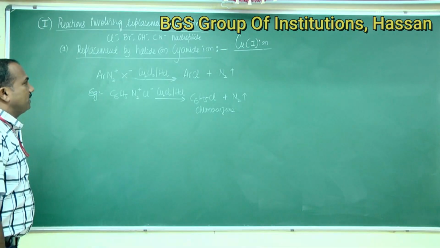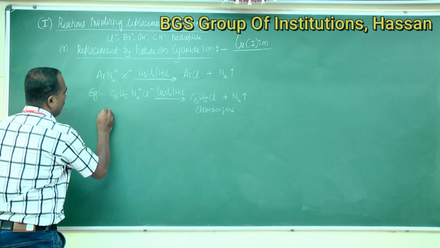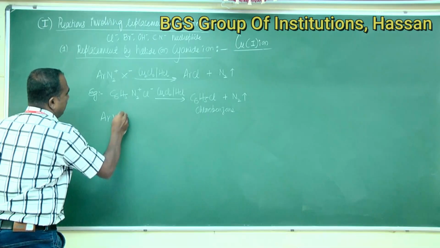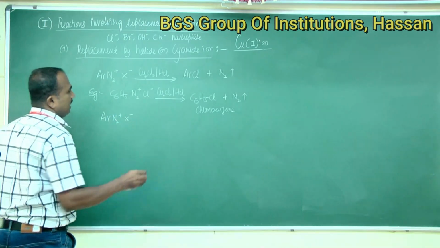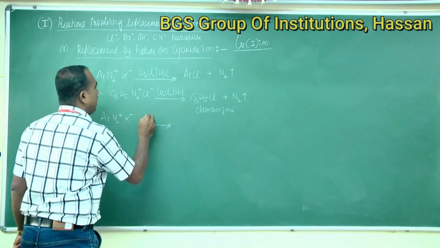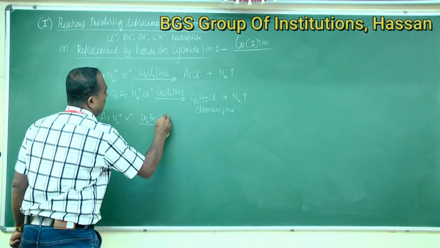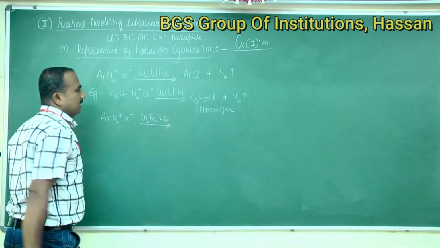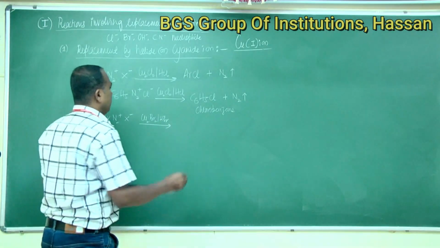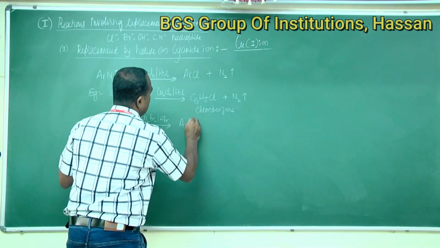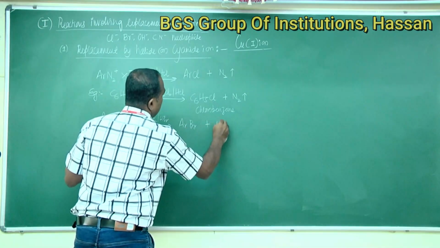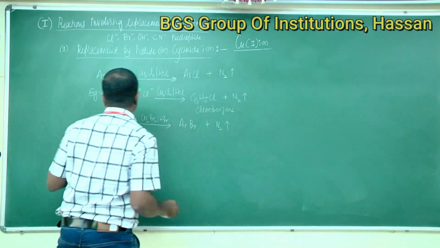And the second one, ArN2 plus X minus on reaction with cuprous bromide in HBr, hydrogen bromide, gives ArBr plus N2 gas.